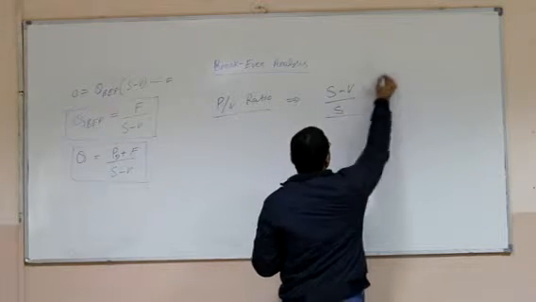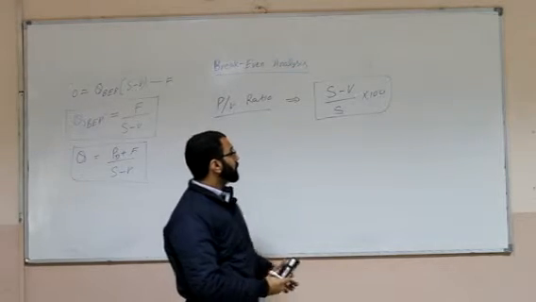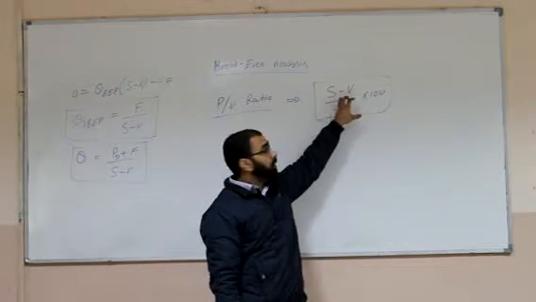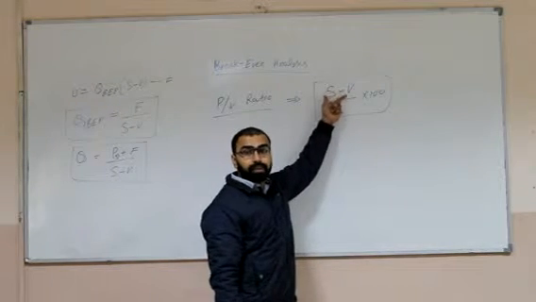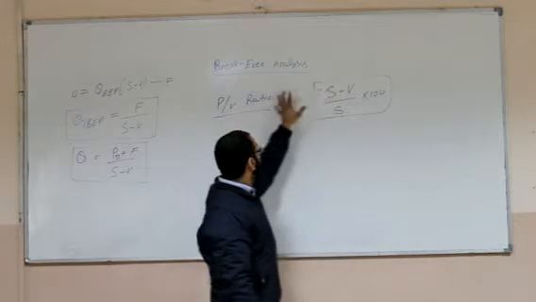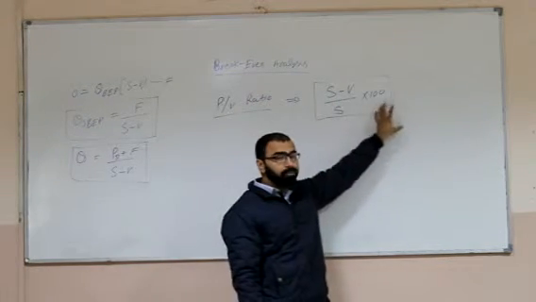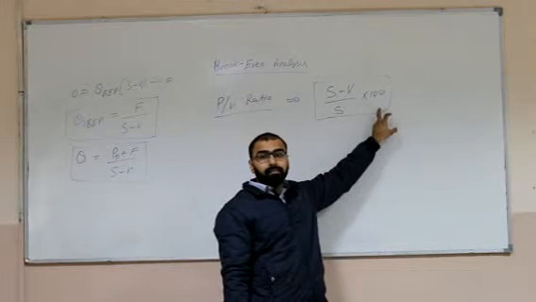It means how much variable cost is taken out of the selling price. That difference divided by selling price gives us the profit volume ratio. Sometimes this is desired by a company. Why?